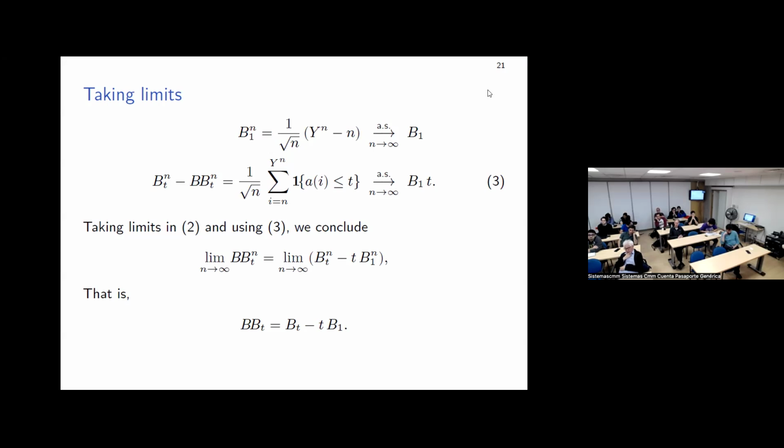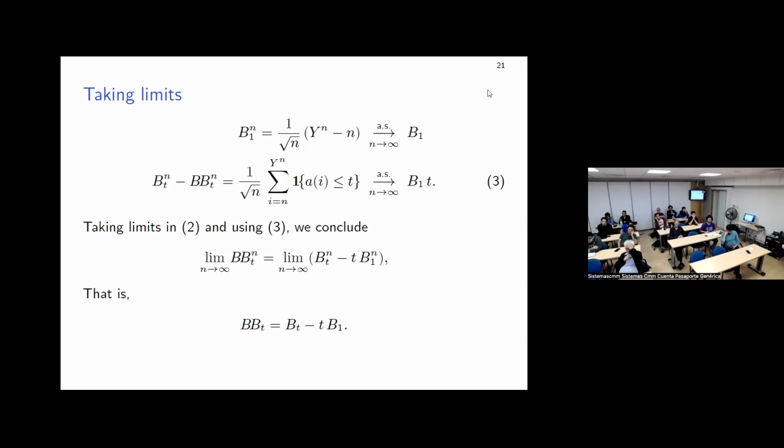Okay, so taking the limits, you get that the limit BBNt is equal to the limit of BNt minus tB1, and this is another proof of that.